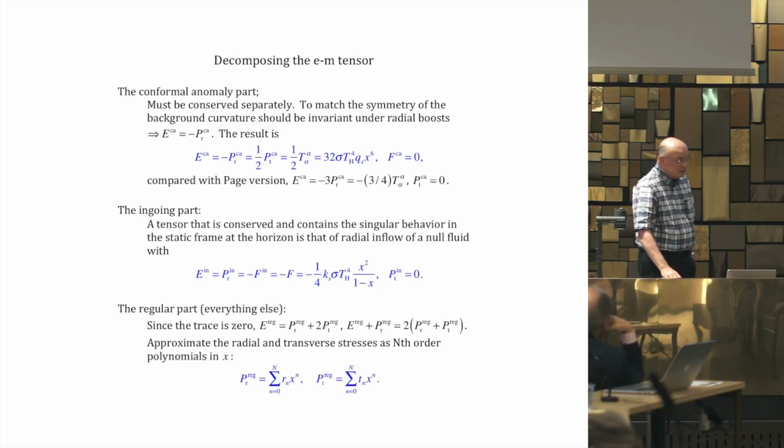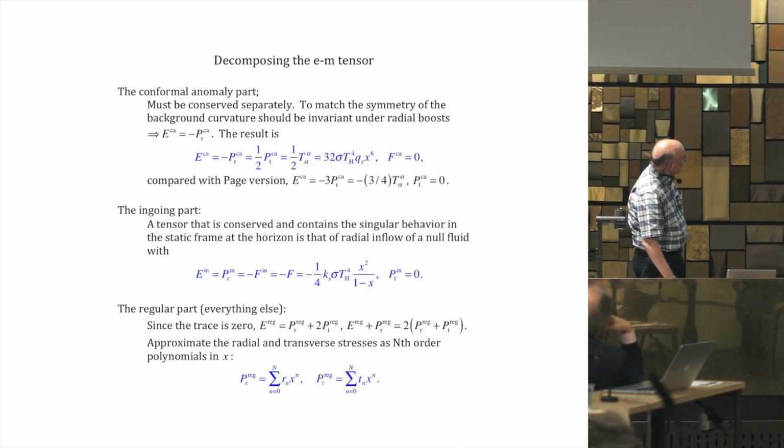Of course, the reason for that is that the static frame is moving at the speed of light relative to any freely falling frame at the horizon. So when you take an energy momentum tensor and boost it to v equal 1, you're going to get a singular energy momentum tensor typically, unless it has very special properties, like for instance the de Sitter energy momentum tensor.